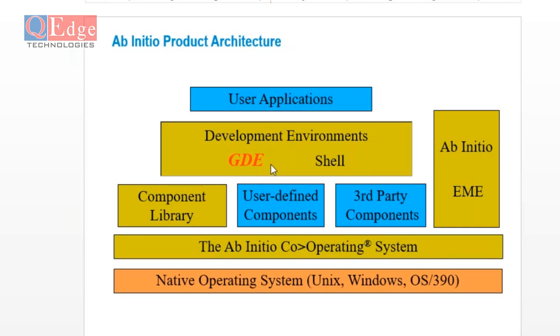One is .mp, the extension of the graphs is .mp, and by default it stores everything into KSH. It stores the data in two formats. One is .mp, and the other, by default, Ab Initio will take care of that part, that is called the Unix format.